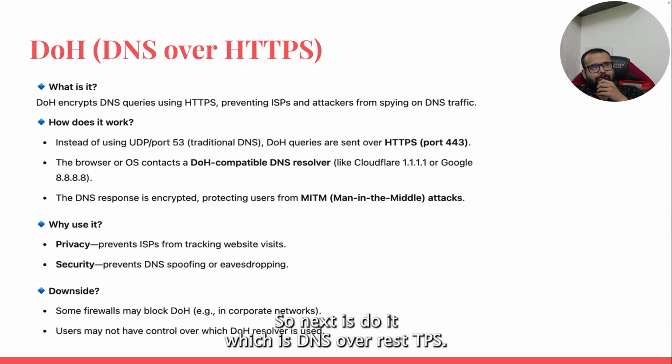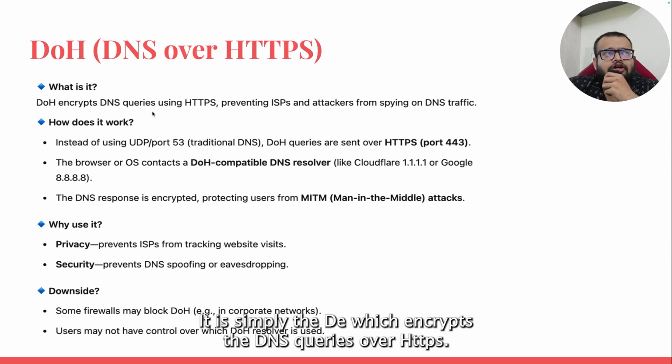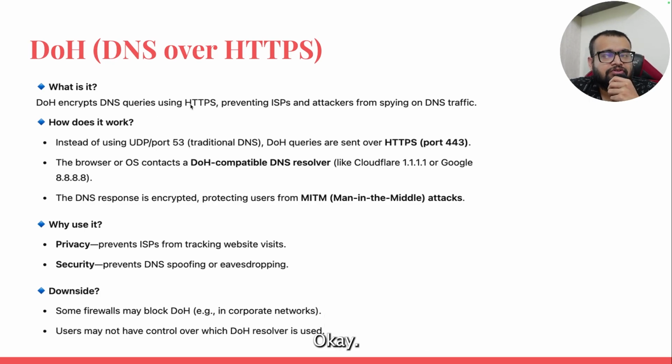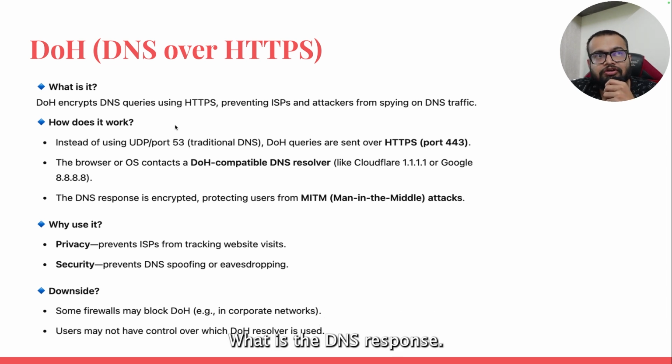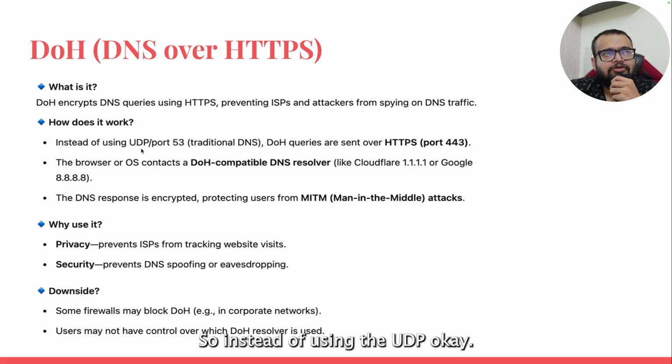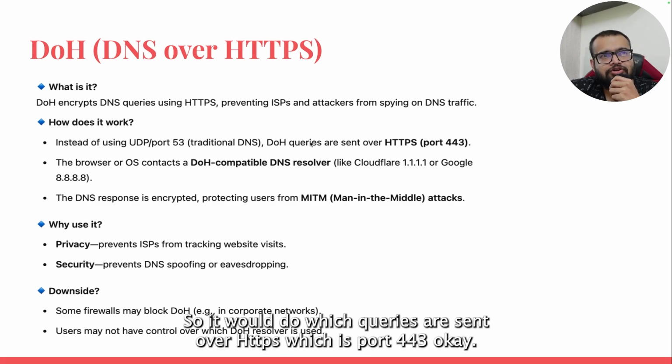So next is DoH, which is DNS over HTTPS. What is DNS over HTTPS? DoH simply encrypts the DNS queries over HTTPS. What's the benefit of encrypting over HTTPS? No one will see what the DNS query or the DNS response is. So instead of using UDP, DoH queries are sent over HTTPS, which is port 443.